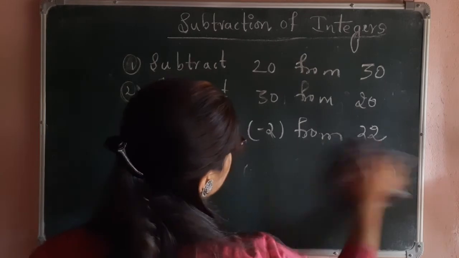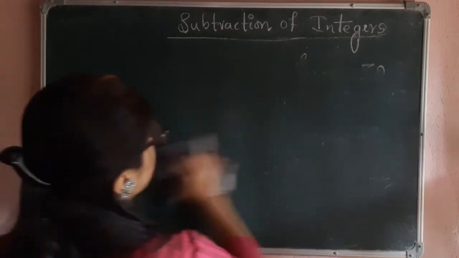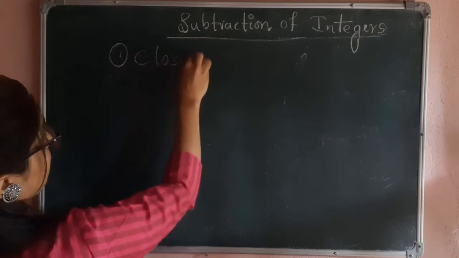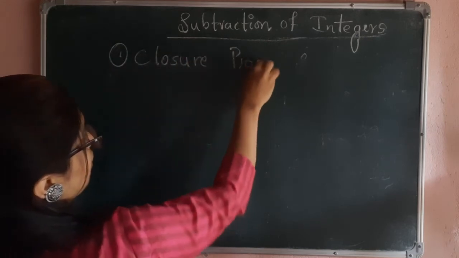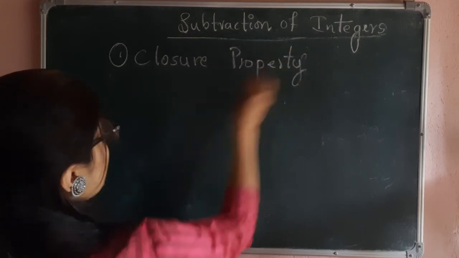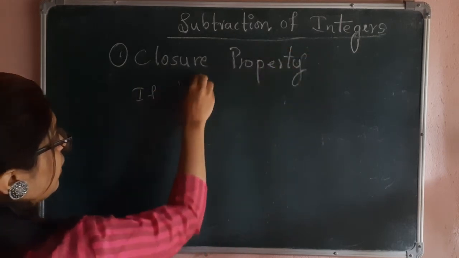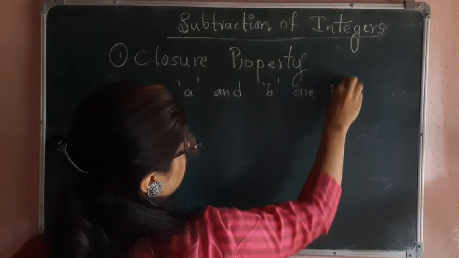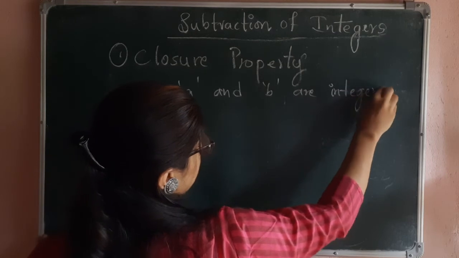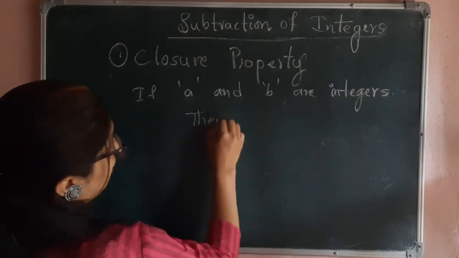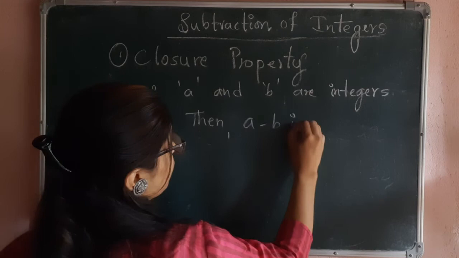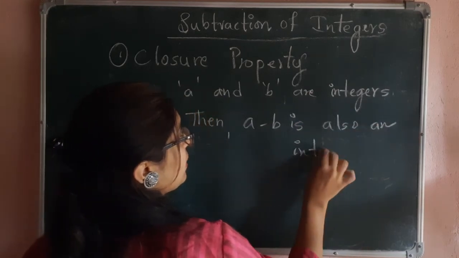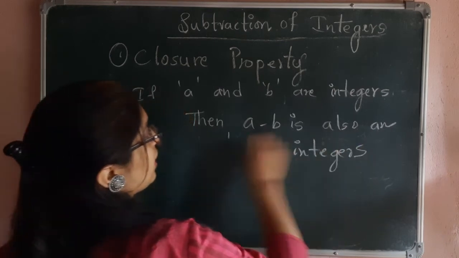Okay. So now let us see the closure property. If A and B are integers, then A minus B is also an integer. We have already seen many examples and we can conclude this easily.